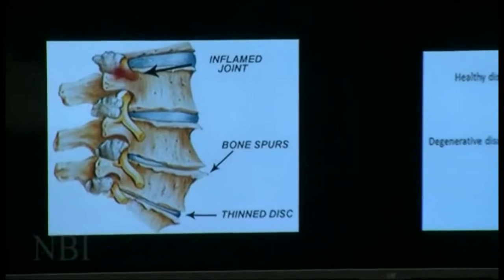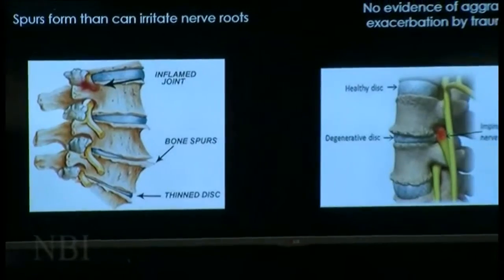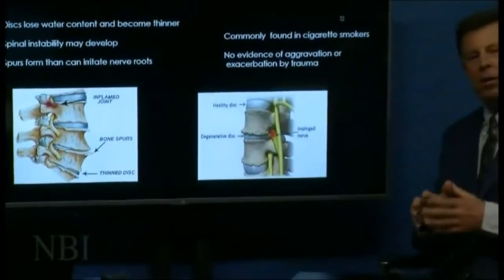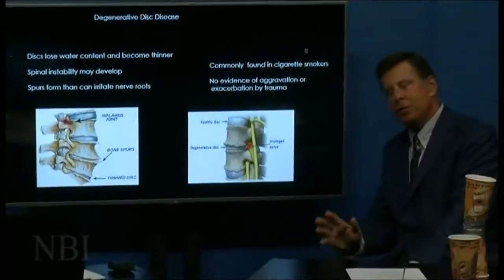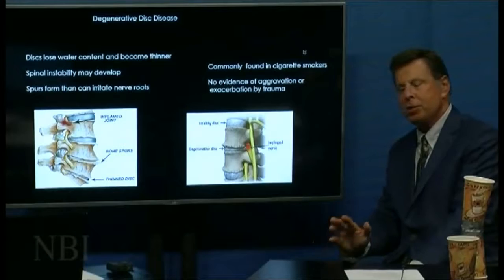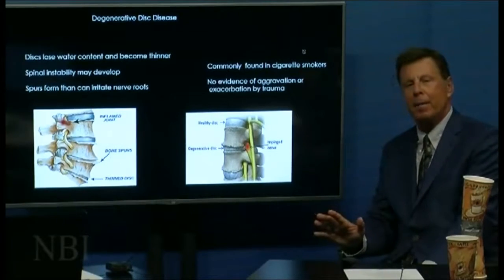That's a chronic condition. The problem with the cigarette smokers is it's a generally accepted fact that no one operates on a back if you're smoking cigarettes, because back surgery in cigarette smokers, they always have back pain.